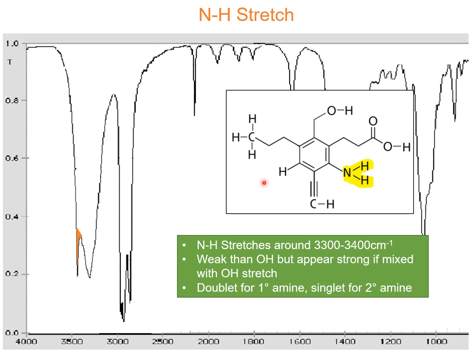Now, because in this compound I have included all the functional groups, here we have the OH stretch also, and their areas overlap, because for the OH stretch we have seen it comes from 3100 to 3500 or 3600 in some cases. So usually these two peaks merge with each other.